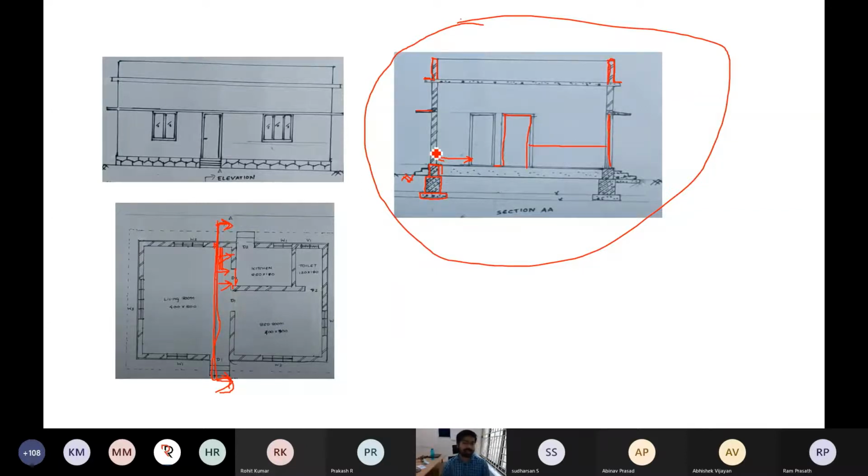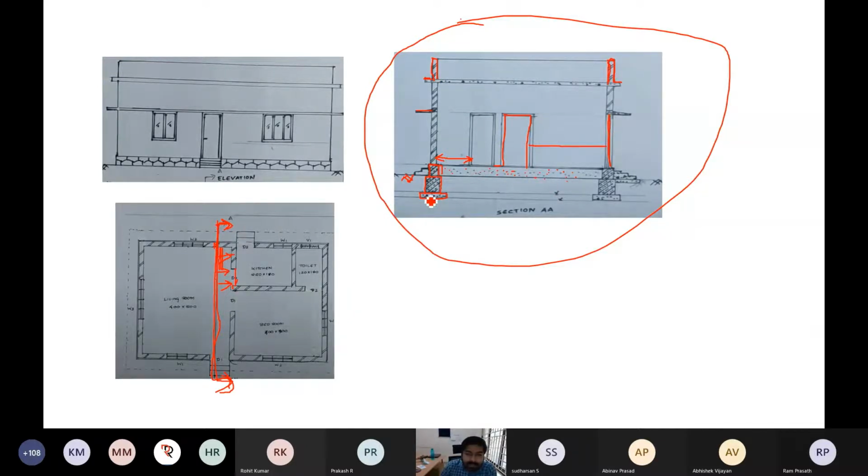Tools are there. It's not very difficult in AutoCAD, but when you do hand drawing, you should know how you represent that brick wall. You can see this is cement concrete. The plinth wall, you know that this is cement concrete. So cement concrete you will represent this way. I hope you understand.